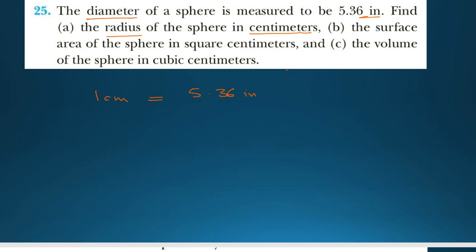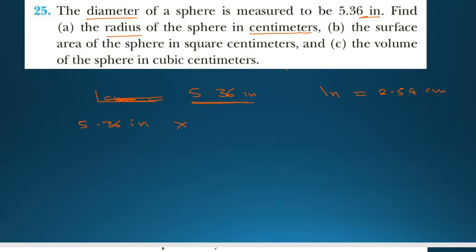So to convert the 5.36 inches, we're going to write this in a form so that the units may cancel. The conversion factor, guys, is that 1 inch is equal to 2.54 centimeters.